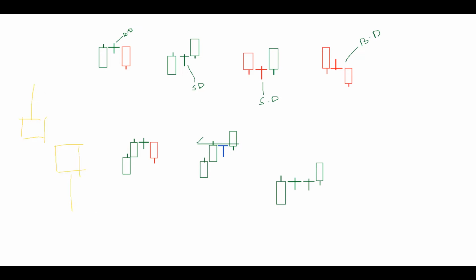Sir, here two green candles. The size is like this. Okay. Means here after we can expect reversal or what, sir?